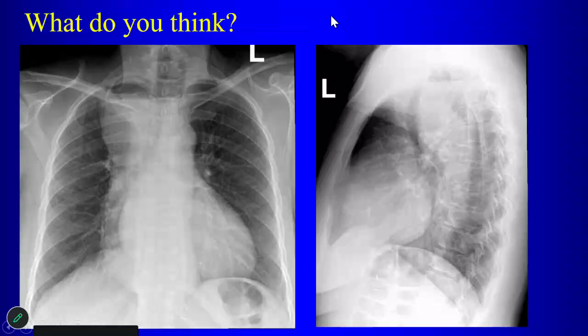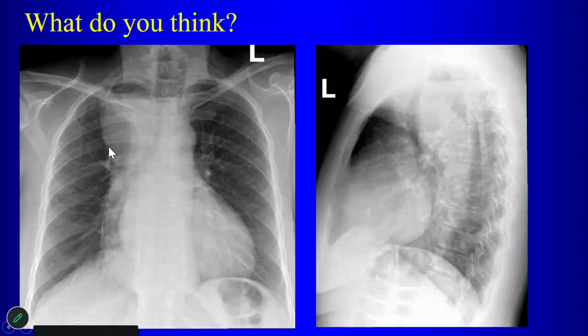All right, here's another interesting frontal and lateral chest radiograph. What are the findings here? Looks like there's a smooth widening of the mediastinum. Okay, so we have widening of the mediastinum, yeah. You can see that going down below the diaphragm.